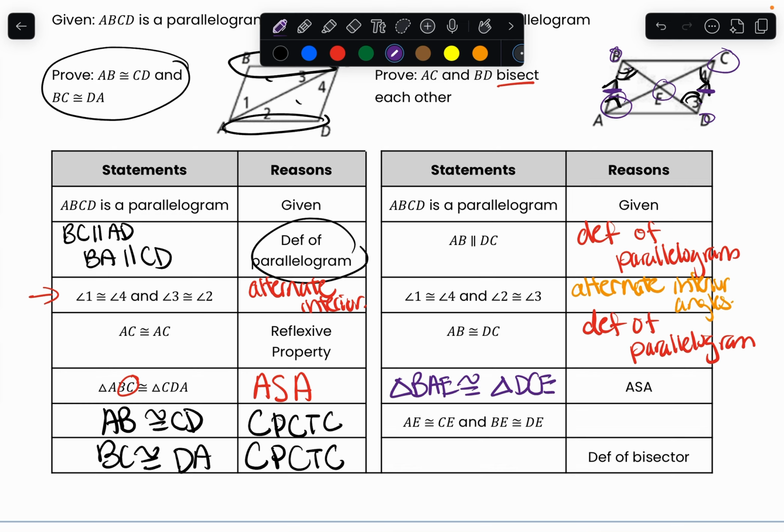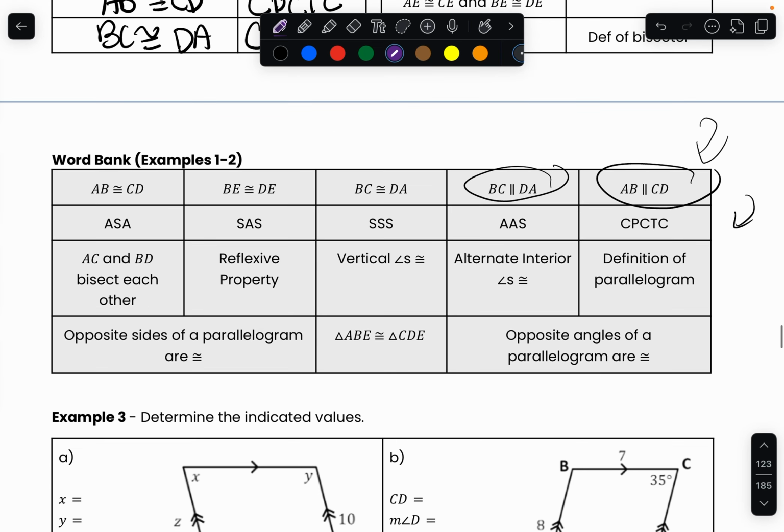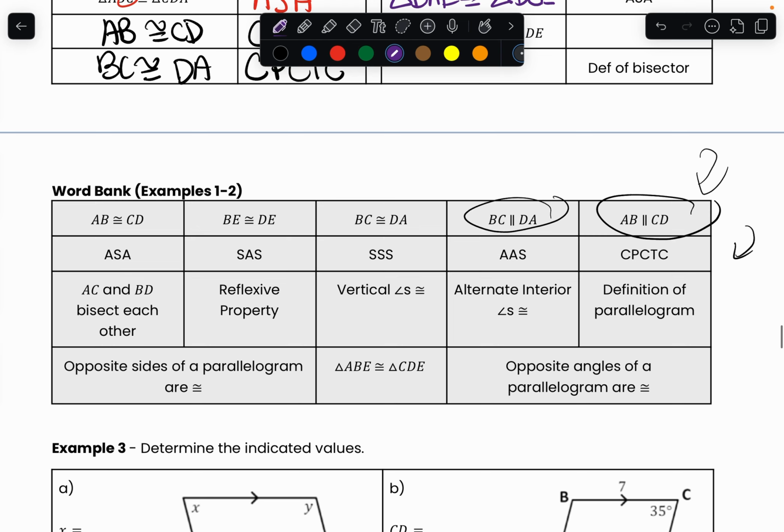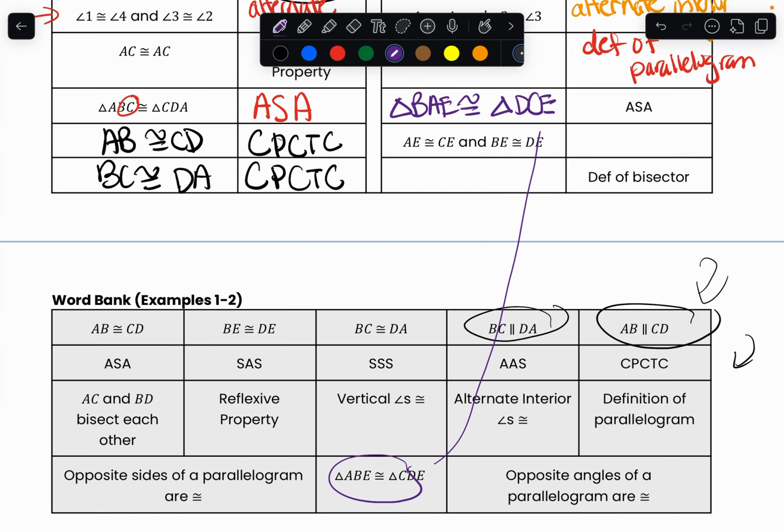Now you realize that once you wrote your statement, it's none of these right here. And it's because it's a little bit out of order, okay? If you look closely, you'll realize that your triangles right here, this one, it's the same as this, except we just put it in a different order. So it's totally okay. Okay.